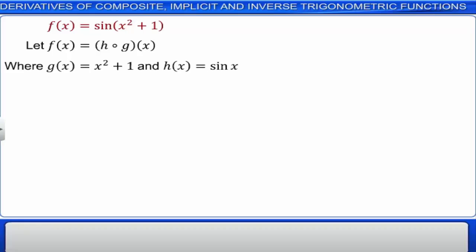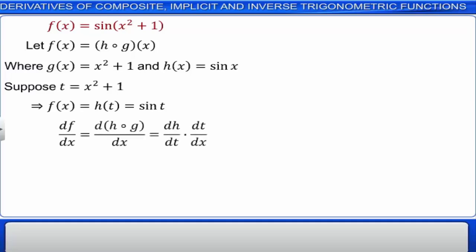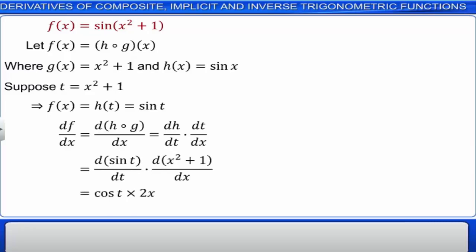This implies that f(x) = h(t) = sin t. So, the derivative of f(x) with respect to x is equal to dh/dt * dt/dx. On differentiating, we get 2x cos t. On substituting the value of t, we get the derivative of f(x) is equal to 2x cos(x^2 + 1).